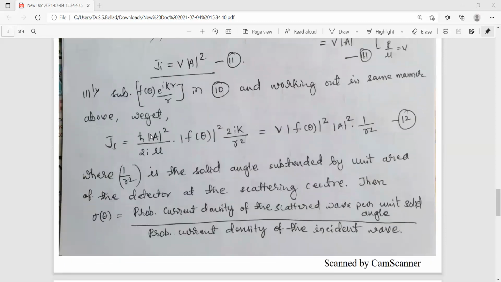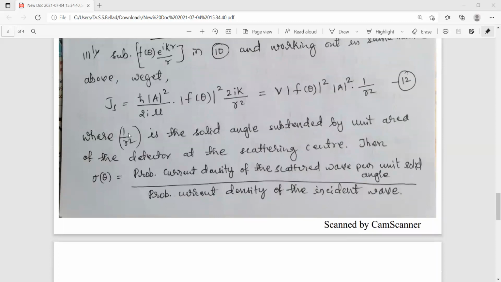So this is the scattering probability for the scattered particle, where this 1 by R square is the solid angle subtended by the unit area of the detector at the scattering center.